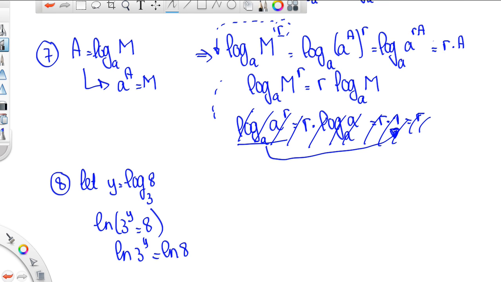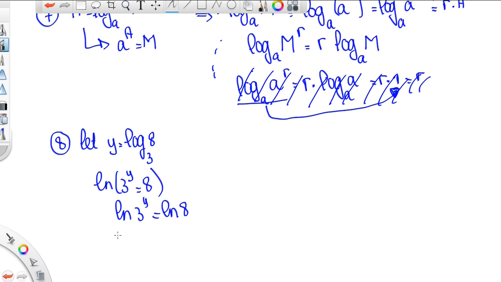So now you can see hopefully why I said this will make your life a little easier in some cases. So the y can come down. The exponent is just multiplying the natural log. And that means that y will be the natural log of 8 divided by the natural log of 3.